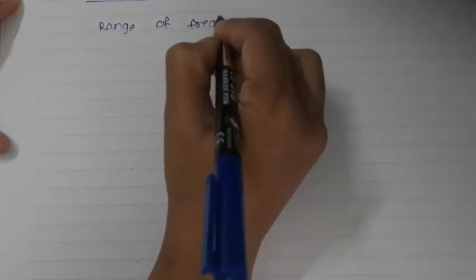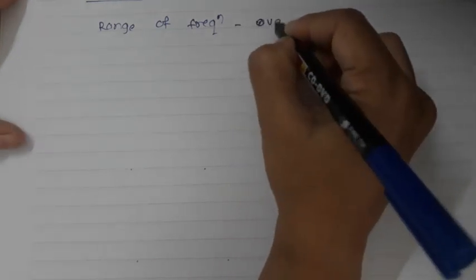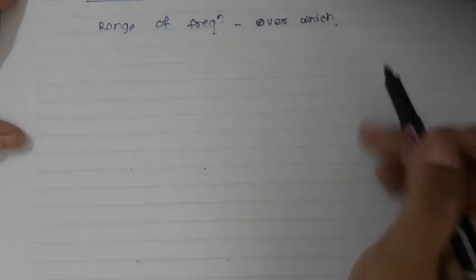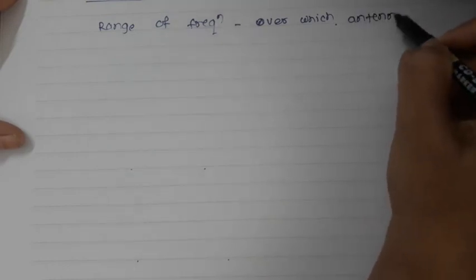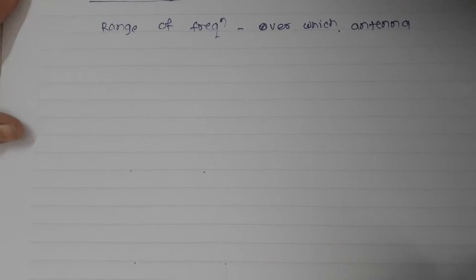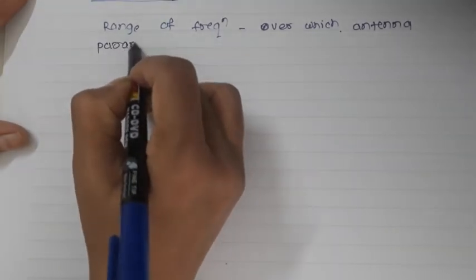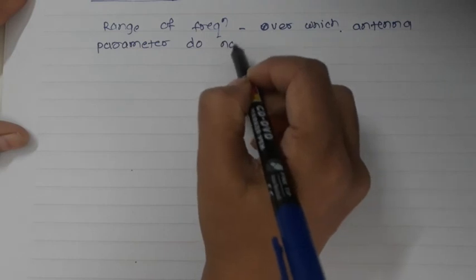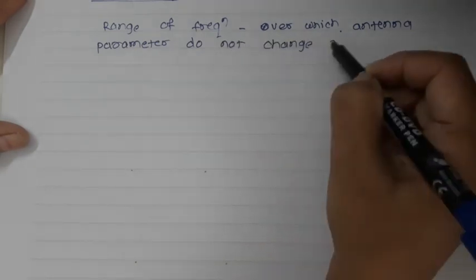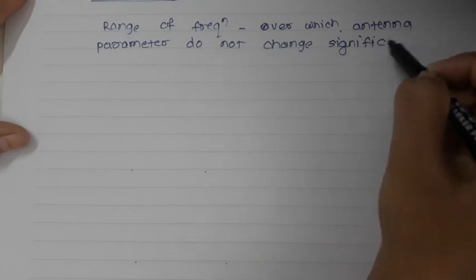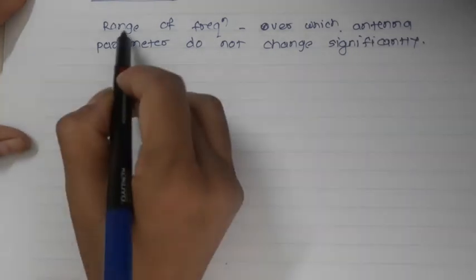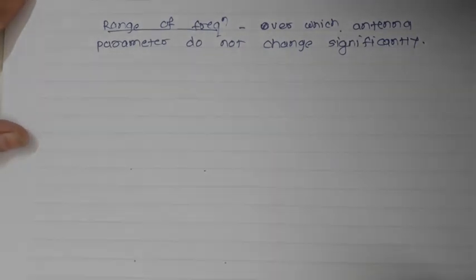For antenna bandwidth, this is the range of frequency over which antenna parameters do not change significantly. It means this is the range of frequency in which your antenna works satisfactorily.